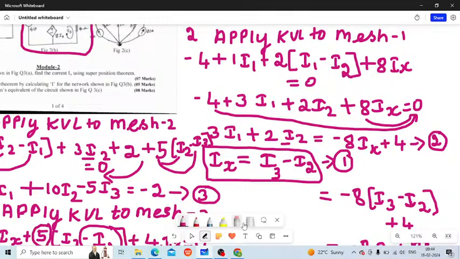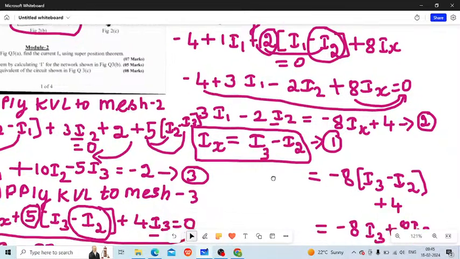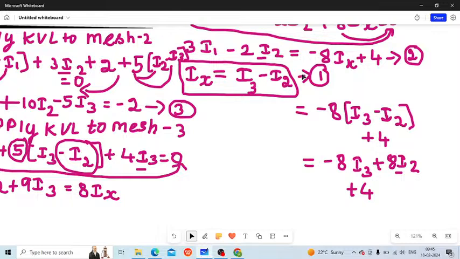I just missed that. This 2 into i2 is negative, right? That is why I just checked. If there is any mistake, I'll recorrect it there itself. So here this 2 into minus i2 will be minus 2i2. Right? I hope you got it. So everything is proper now.